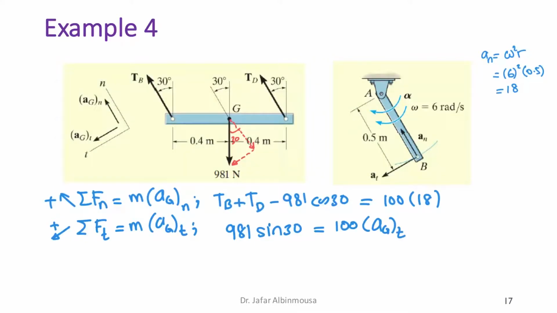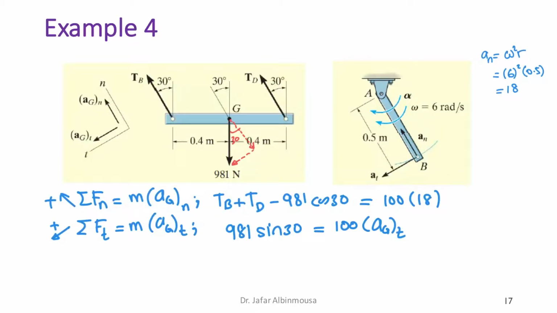Again, let me explain. This is the tangential component of the weight acting in the same direction as positive t. What we also have is the mass and the tangential component of acceleration, which is unknown. Of course, since TB and TD act along the normal direction, they will not have any component along the tangential direction.